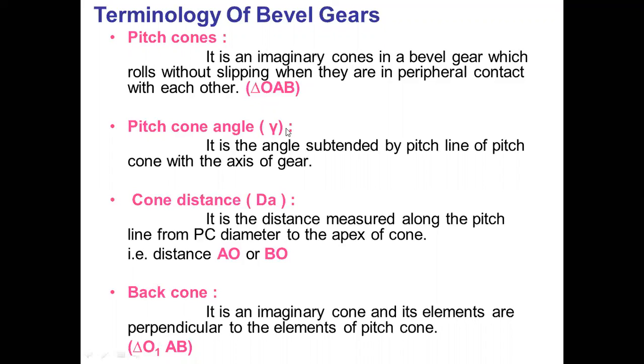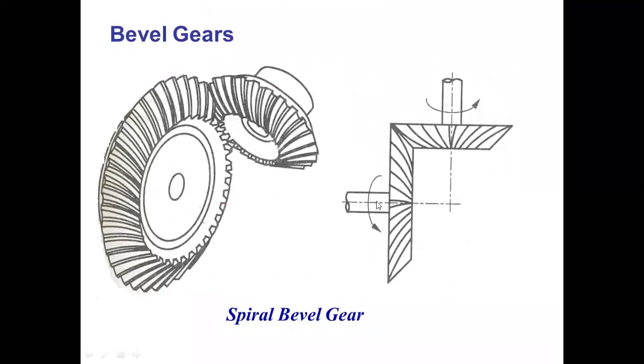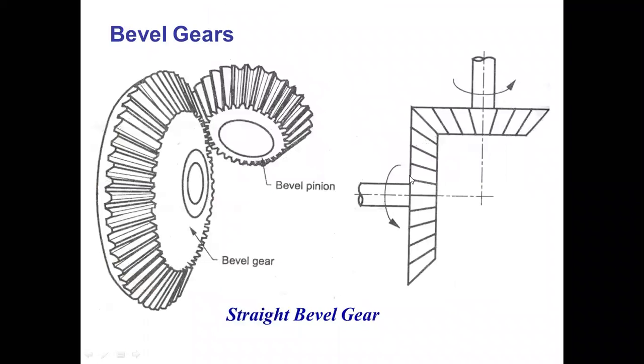There are two angles, that is, the pitch cone angle of the pinion and the pitch cone angle of the gear. Here only one gear is used. The large one is called the gear, and the small one is called the pinion. There is a pitch cone angle for the gear and a pitch cone angle for the pinion.